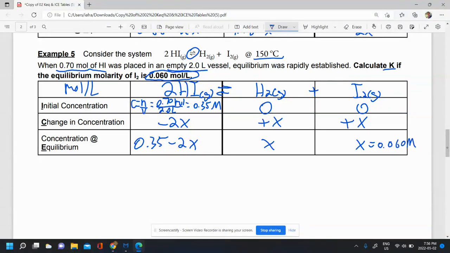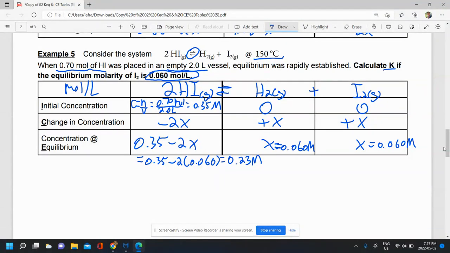And since H2 is also x, that should be the same equilibrium concentration, 0.060 molar. We can actually also figure out the concentration of HI at equilibrium, so 0.35 minus 2 times 0.060, and you get 0.23.